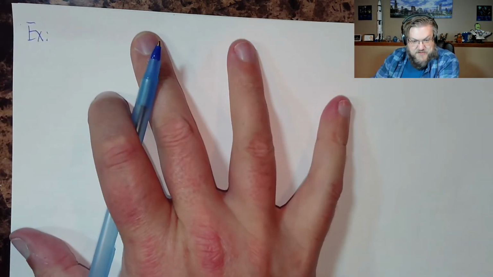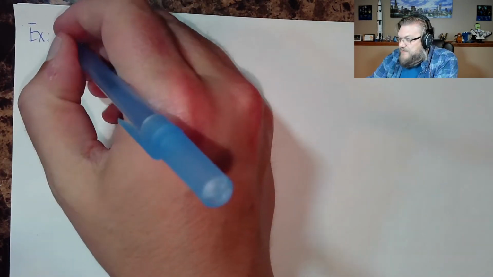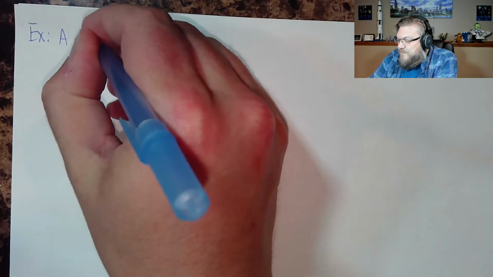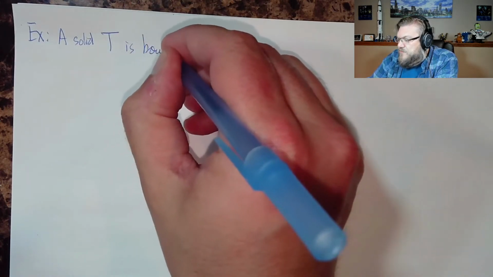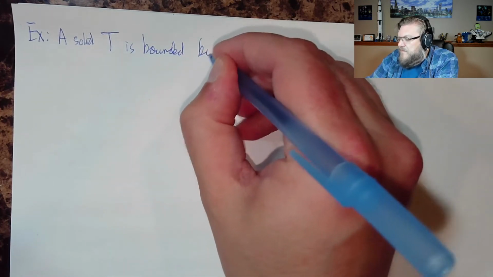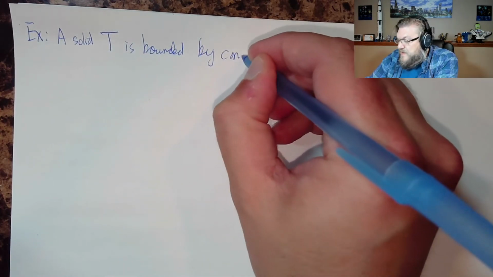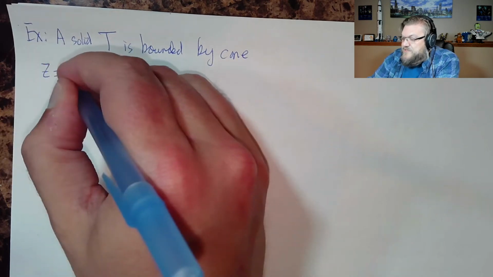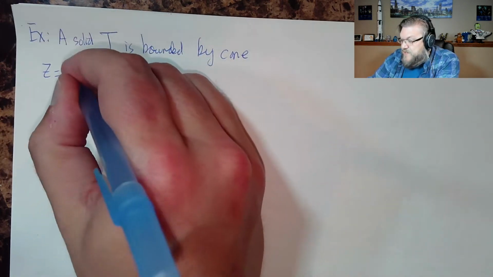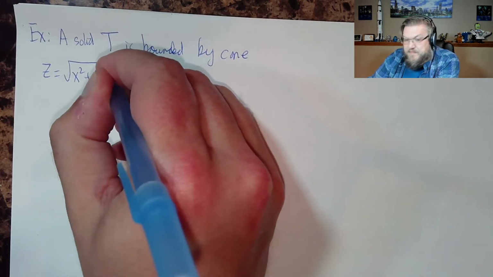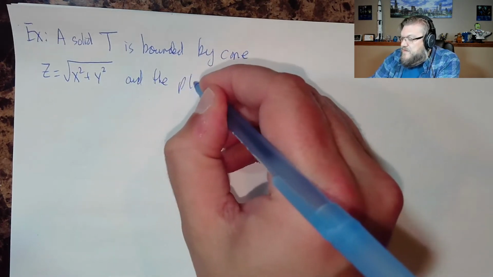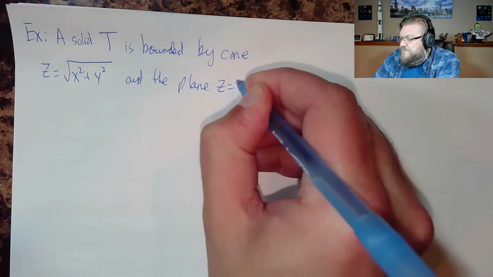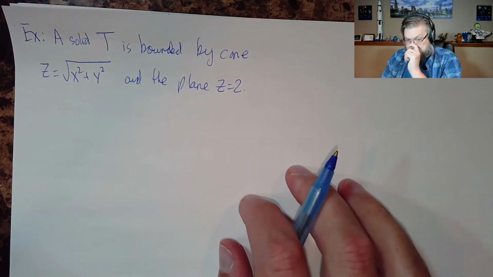So for our first example, let's try this. We have a solid T, and it's bounded by a cone, given as z equals the square root of x squared plus y squared, and the plane z equals 2.